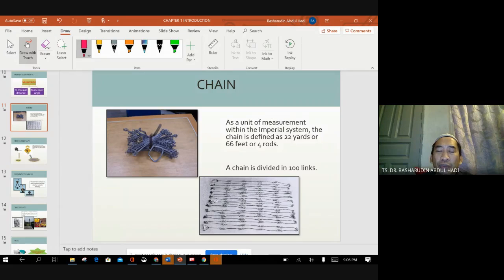A chain is divided into 100 links. So the overall distance is 66 feet and there are 100 links. One link is 66 divided by 100, so you get about 0.66 feet per link. Okay, that's my story.